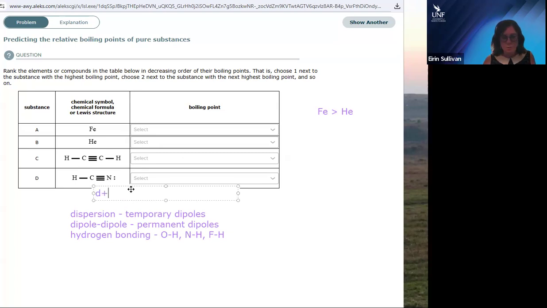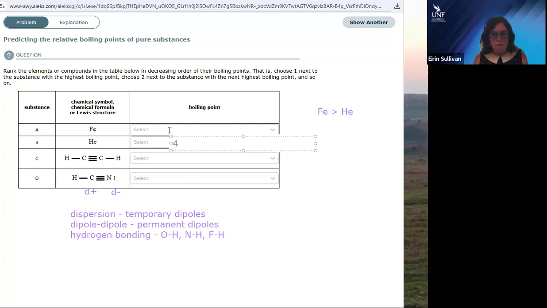It's not a hydrogen bond, just a normal dipole-dipole interaction. If I had another species with a nitrogen-hydrogen bond, that would have a higher boiling point. To rank these, helium has the lowest boiling point, so that's my number 4. Iron is next lowest, then the next, and the highest boiling point would be this one. Hopefully that is helpful.